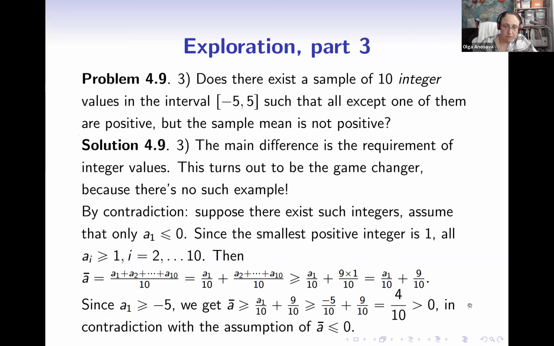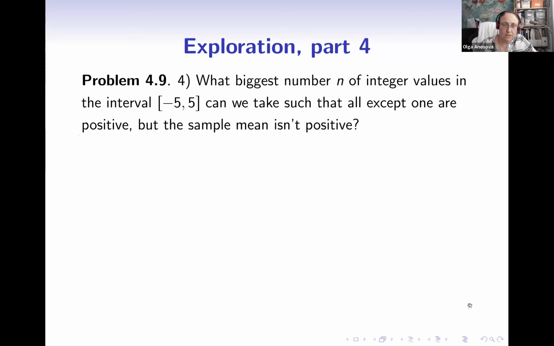but then the question is like that: is it always the case? Can we not find such a distribution of 90 to 10 at all if dealing with integers? And then the next question: what biggest number of integers in this interval can we take such that all are positive, but the sample mean isn't positive?